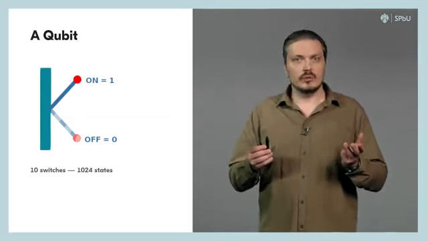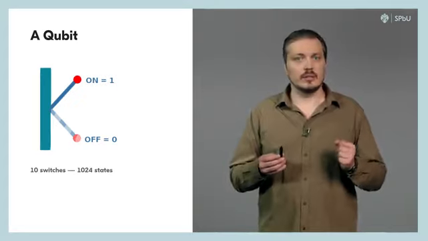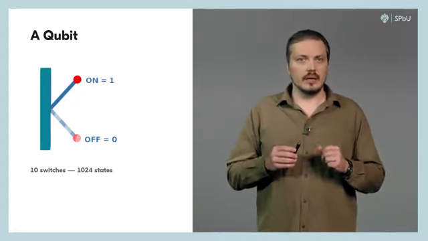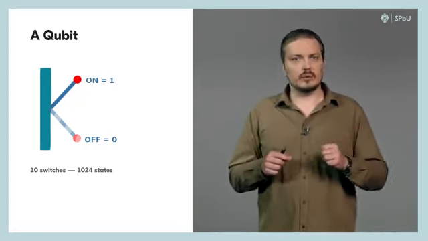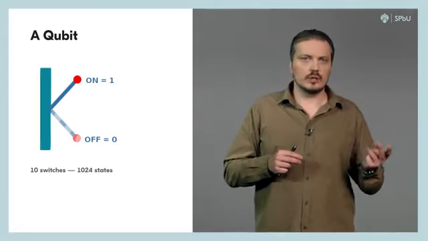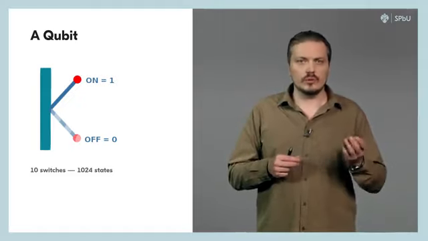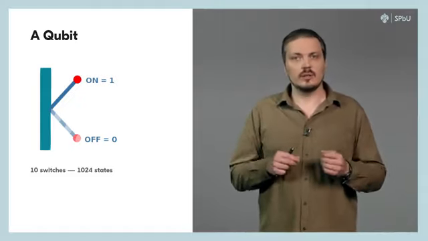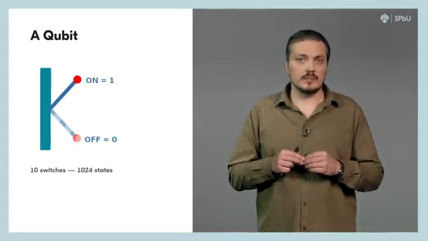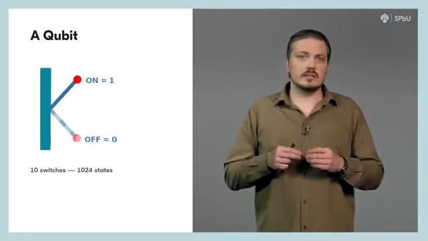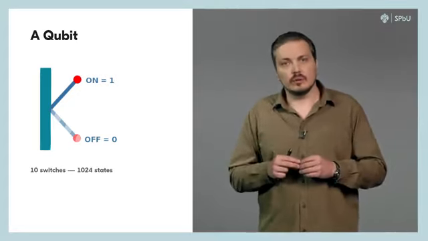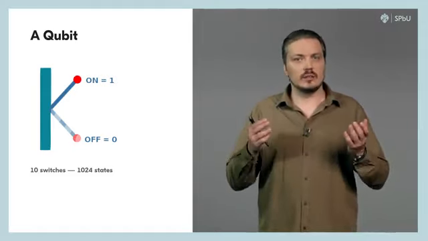A switch, for example, has two different easily distinguishable states and can implement one bit for us. One switch has two different states, two switches, 4 different states, 3 switches, 8 different states, etc. If we need a system having 1024 different states, we need just 10 switches.